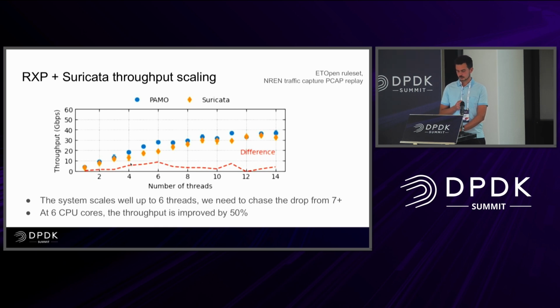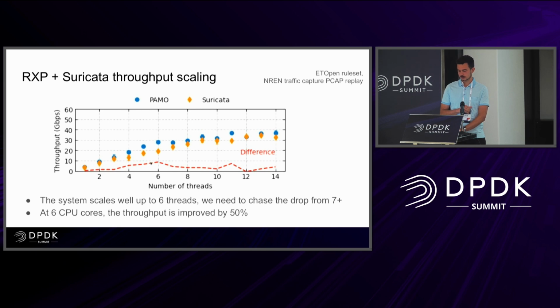And we can see that if we look directly at 6 cores, Suricata can achieve 20 gigabits, which is pretty good. But PAMO can achieve almost 30 gigabits. So that's like a 50% improvement.